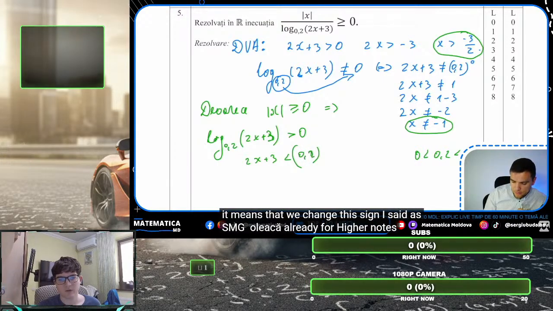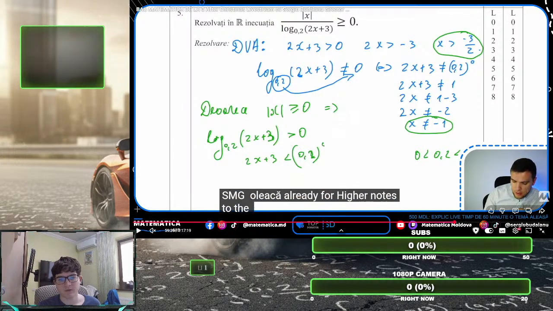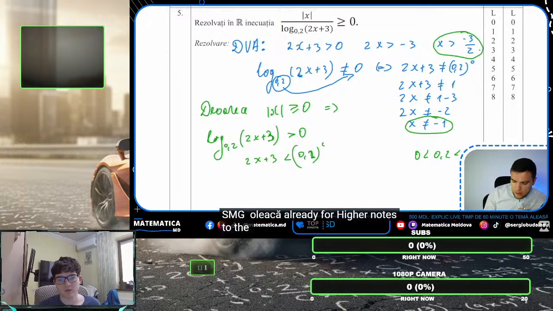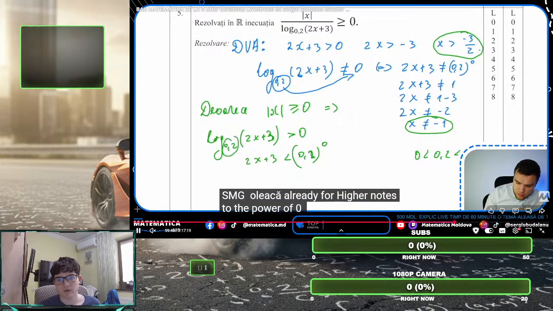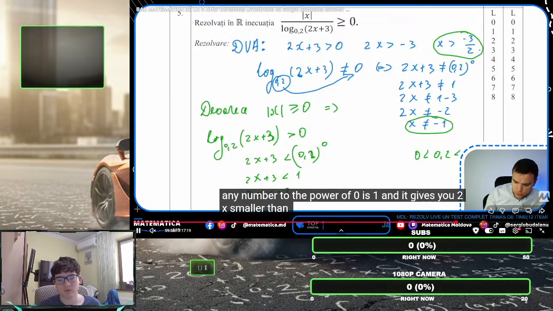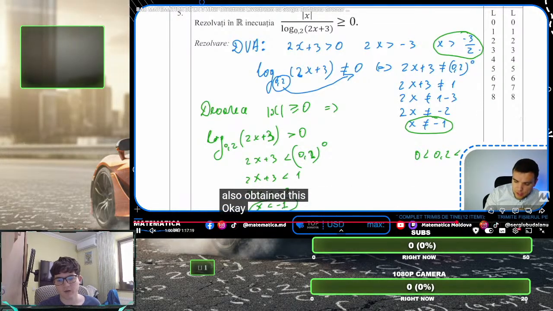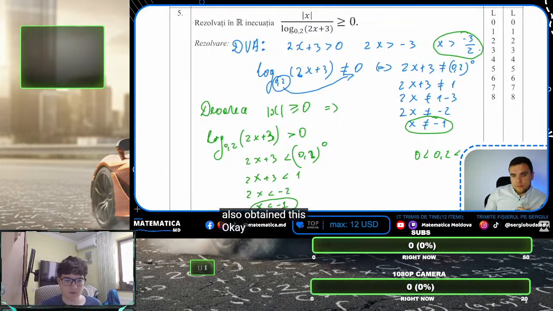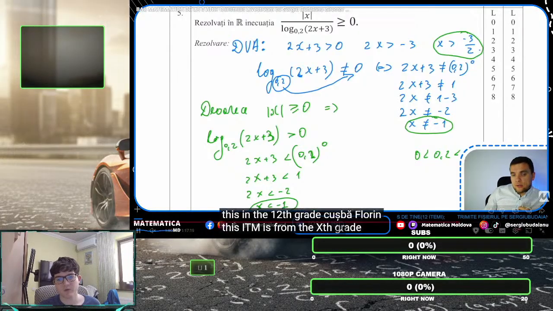I don't know why he wrote that down. And you gotta do the same thing with the expression below, and it moves there, and power 0 and stuff. And so it's smaller than 1, and I can't really see what's there. It's essentially x smaller than minus 1 and stuff.